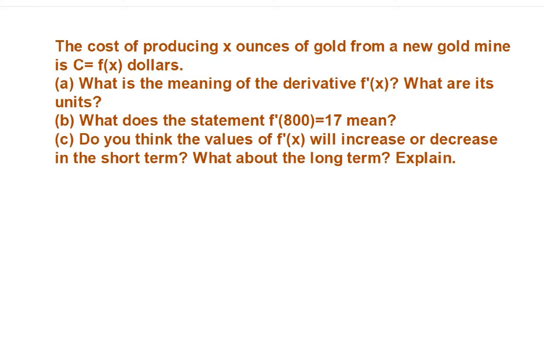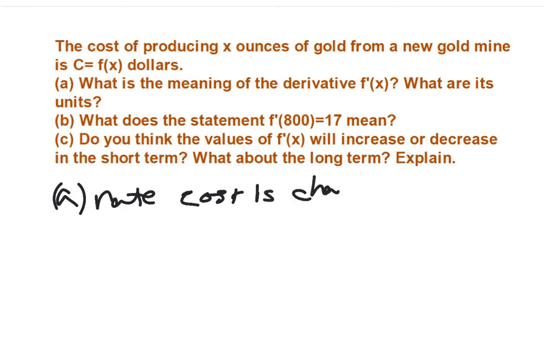So if I give you the problem that the cost of producing x ounces of gold from a new gold mine is C equals f of x, what's the meaning of the derivative f prime of x? And what are its units going to be? Well, the meaning is that it's the rate. So A, it's the rate at which the cost is changing per ounce of gold produced.